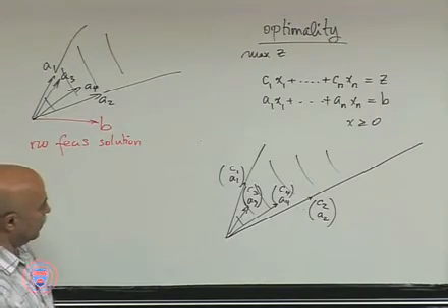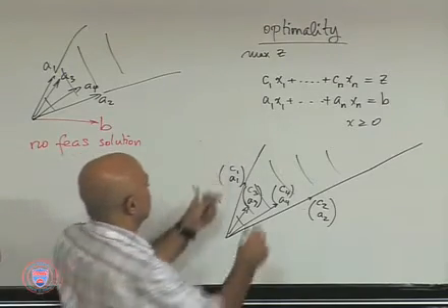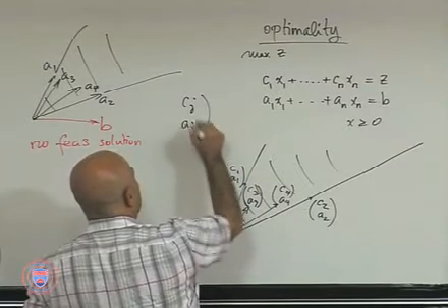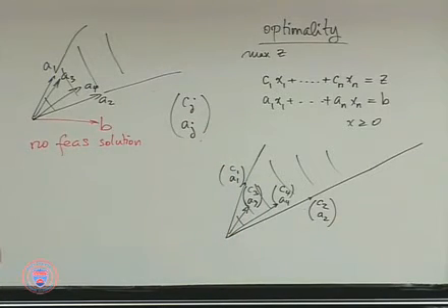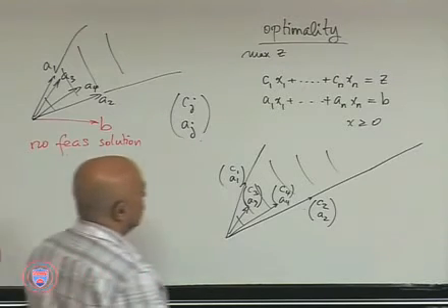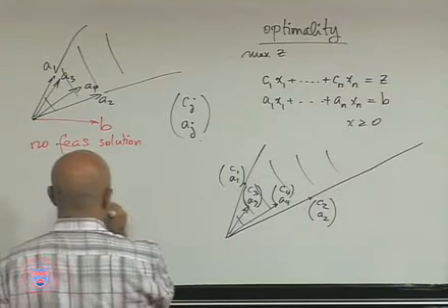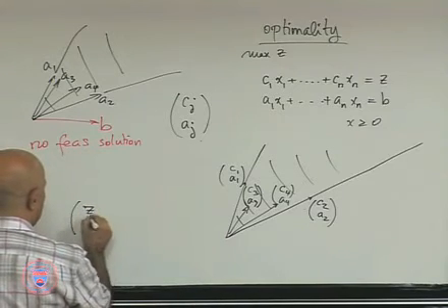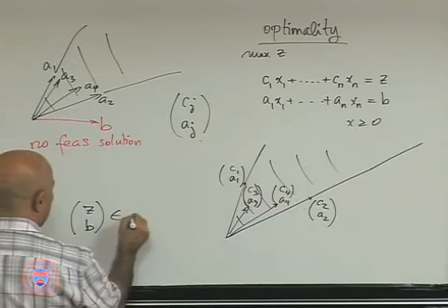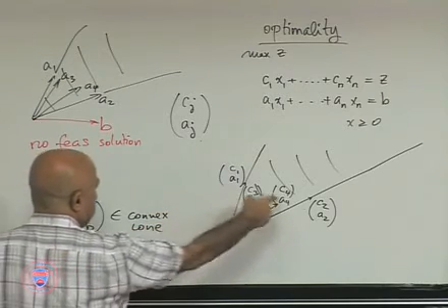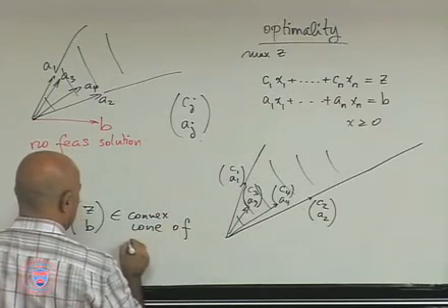All right, these are the vectors defined by CJ, AJ, for J going from 1 up to 4 in this case. Okay. Now, what are we trying to do? For fixed Z, we want the vectors Z and B to be in the convex cone of these vectors.